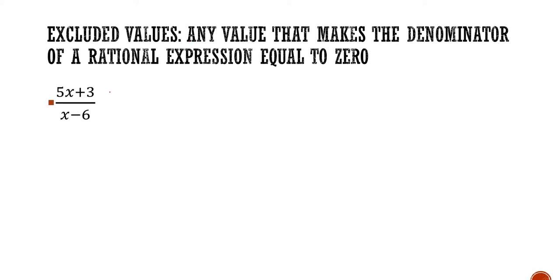We have to exclude those. They're not allowed. So a rational expression like 5x plus 3 over x minus 6, we cannot substitute any value of x that would make the denominator 0. So to find excluded values, we set the denominator equal to 0, and we solve for x, and we say that 6 is an excluded value.